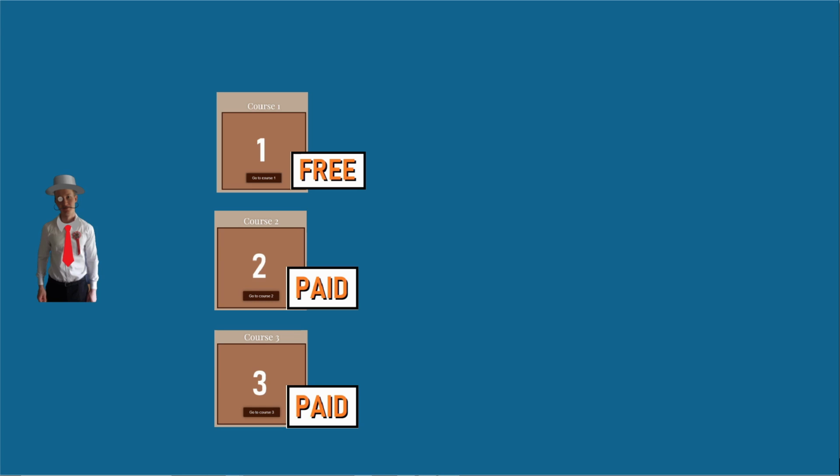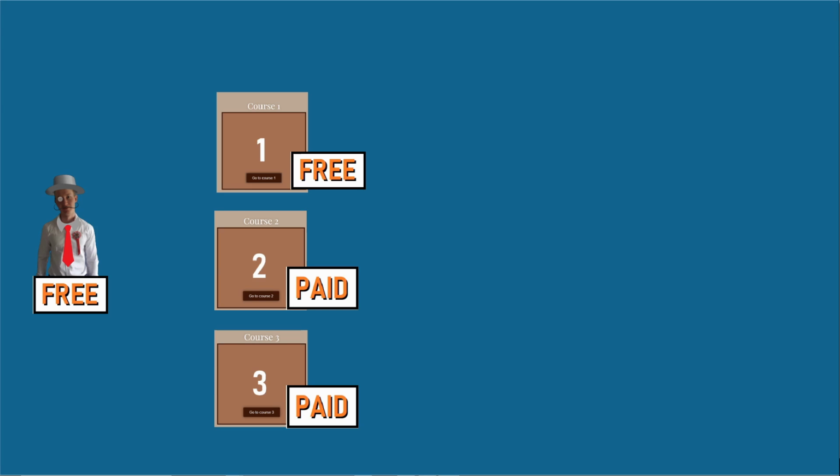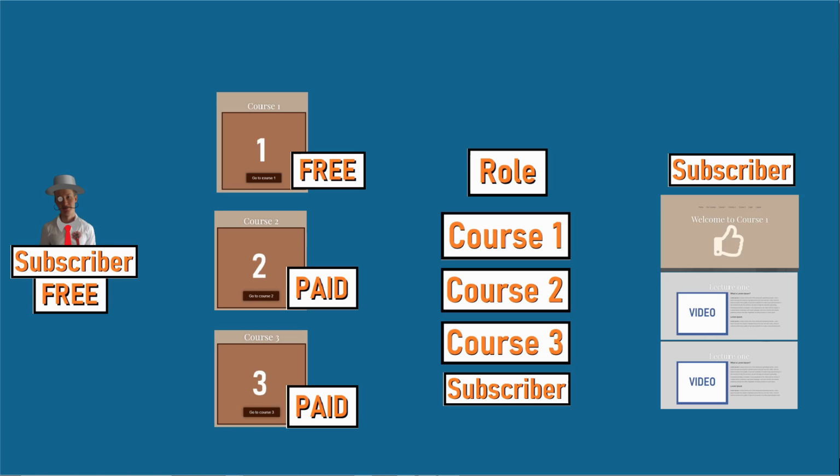So let's say I come to your website and you have 3 courses that you offer, 1 free and 2 paid ones. So I choose to take the free one. So I register, and when I do that I get a role, and this role is subscriber. This is by default.